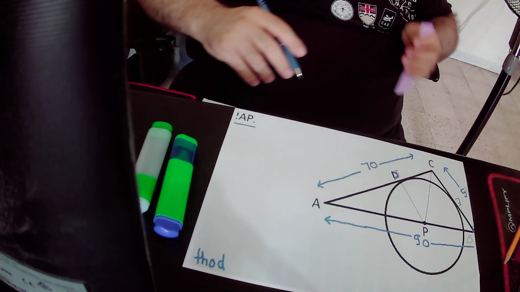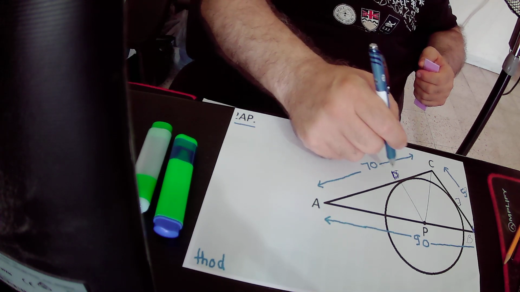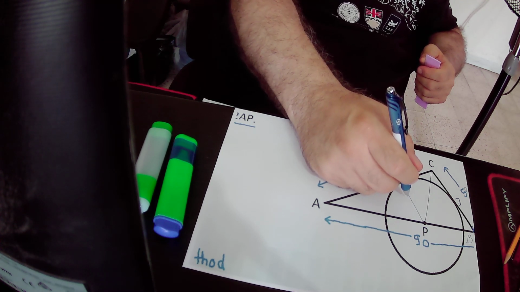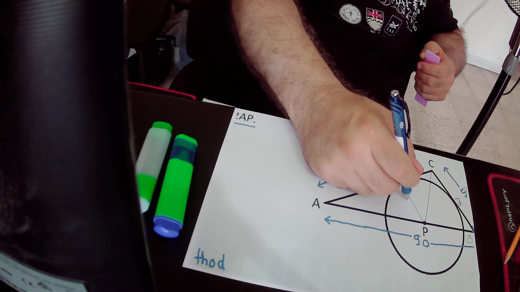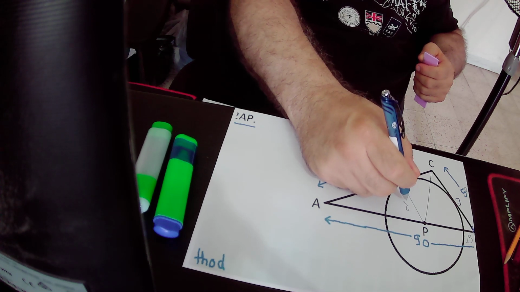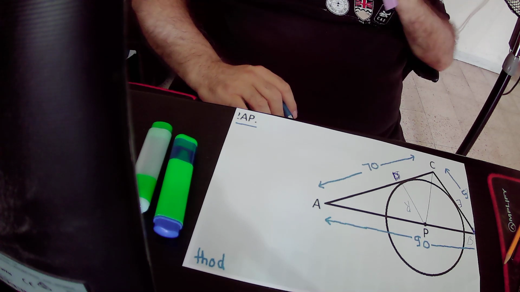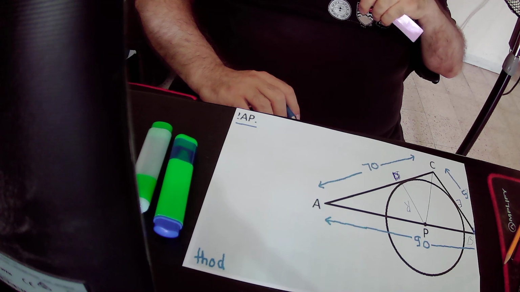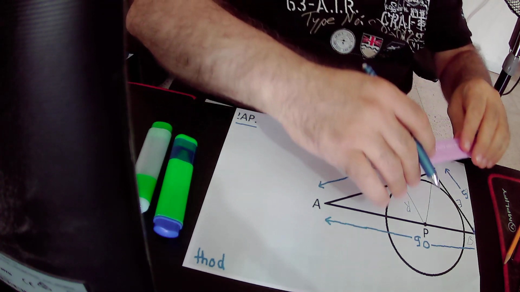As you can see from the drawing, PD is the radius of the circle, so I will mark it as R. And we also connect points P and E by a straight line.